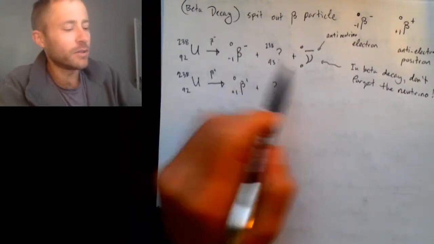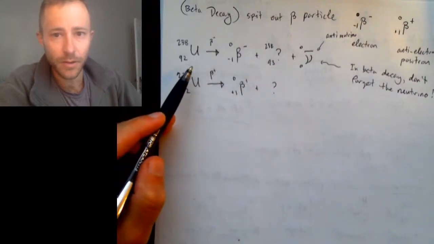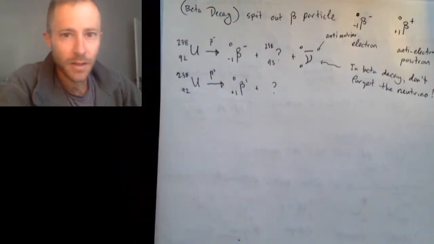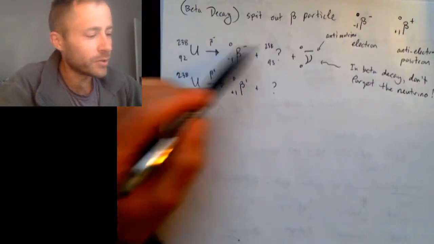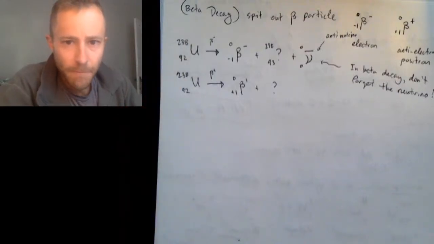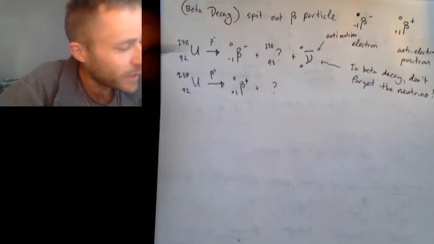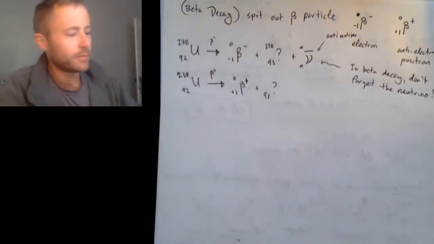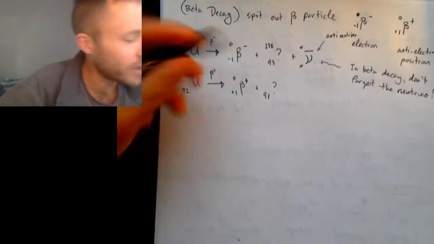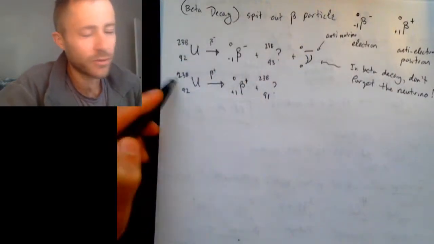So they don't disrupt the balance of the nuclear reaction. -1 plus 93 plus 0 is still 92. 0 plus 238 plus 0 is 238. So this would have to be 91, because 91 plus 1 equals 92. And this would have to be 238, because 238 plus 0 is 238.